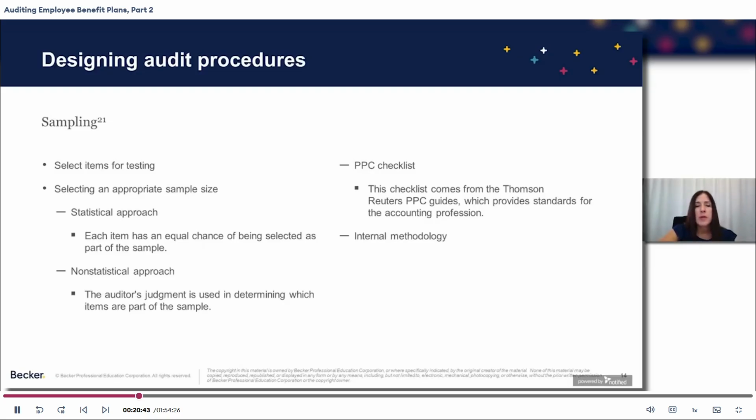The majority of people, at least in my experience, have a tendency to use a non-statistical approach. The sampling rules basically state that if you're using the non-statistical approach, then your sample size has to be similar to what the sample size would have been if you had used a statistical method. And this has been tested time and time again over the years.